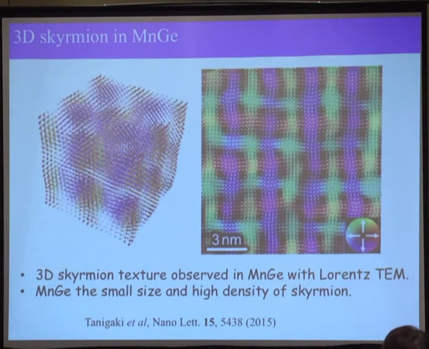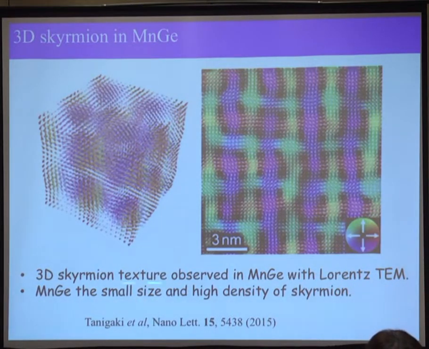Another interesting point is that in the magnetic silicide we find the skyrmion has a two-dimensional texture, whereas in the magnetic germanium we have the 3D skyrmion texture, seen by transmission electron microscopy.